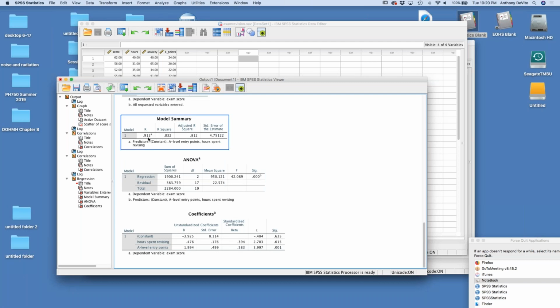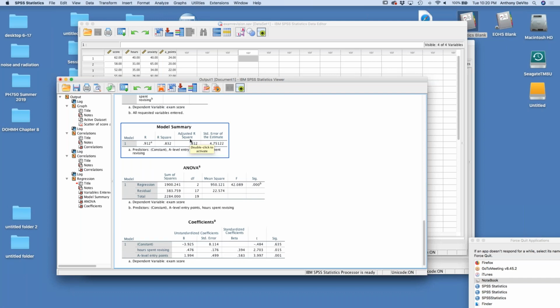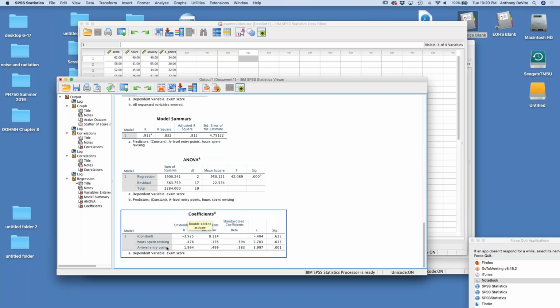Well, now I get an R value of 0.912, an R square of 0.832, and an adjusted R square. Now remember, the adjusted R square is impacted by small or large sample size, but it's particularly impacted by whether there is some association between the two variables I'm using as predictive variables, in other words, hours spent studying and the entry level points.